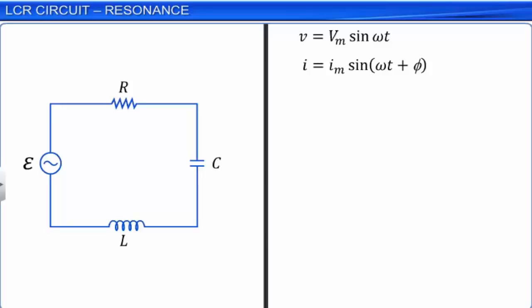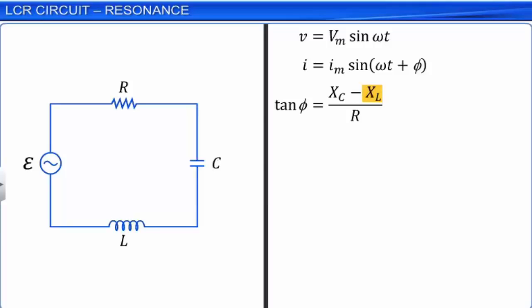The phase difference, phi, can be calculated by the expression tan phi equal to (Xc minus XL) by R, where Xc is the capacitive reactance, XL is the inductive reactance, and R is the resistance.